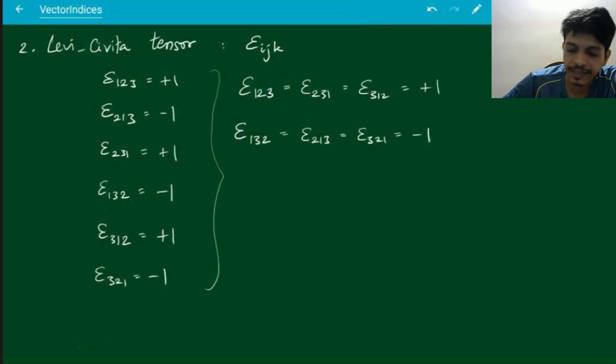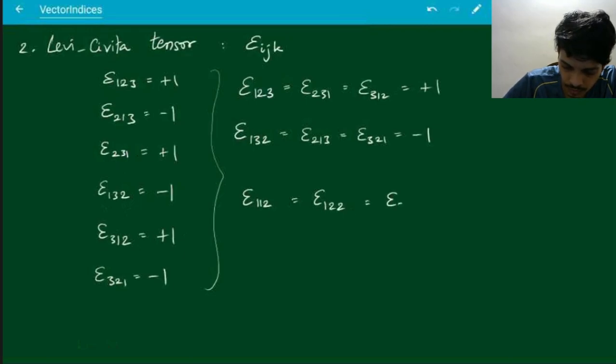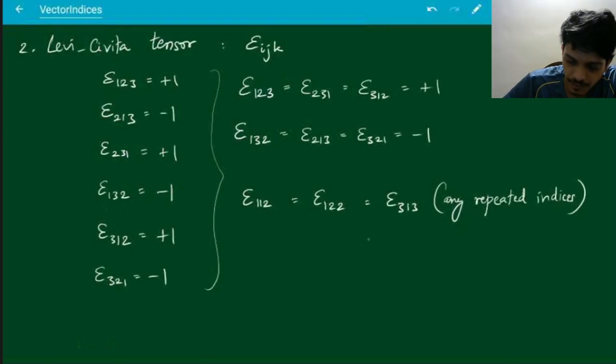If any of the indices repeat, so if I have epsilon 1, 1, 2, or epsilon 1, 2, 2, or epsilon 3, 1, 3, anything like that, any repeated indices, then it becomes 0.